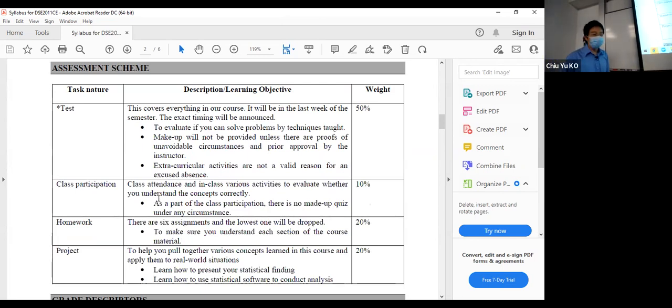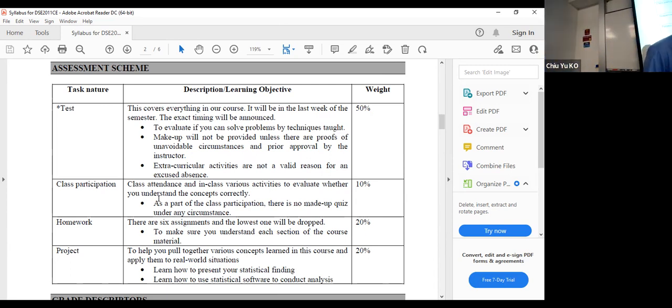If you noticed, the grading will be the same as last year, with tests, participation, homework, and projects. The test will be at the end of the semester, likely on the last Friday of week 13, at the end of the day, Friday night.